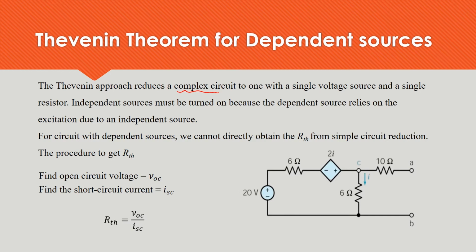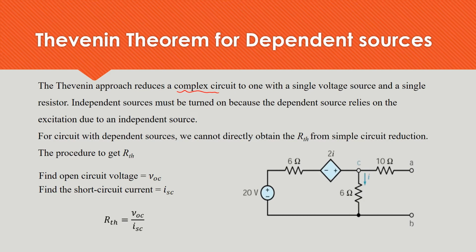In case of dependent sources, the independent source must be turned on because the dependent source relies on the excitation due to an independent source. This is the difference between the Thevenin theorem for dependent sources and the one we already know.